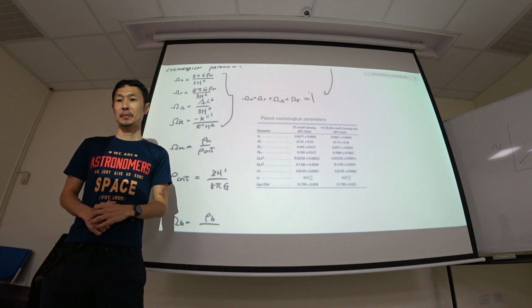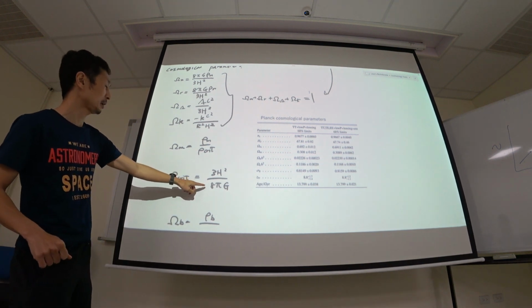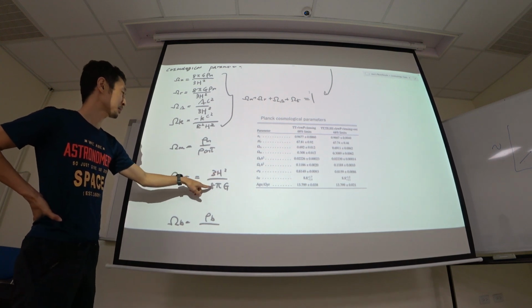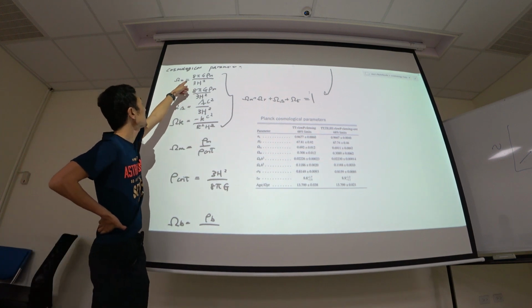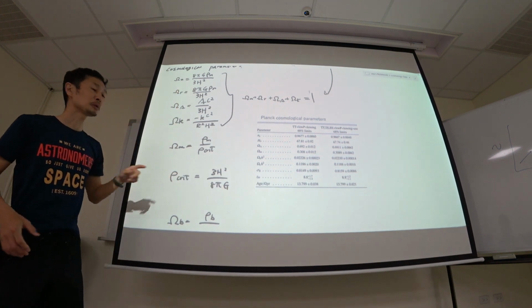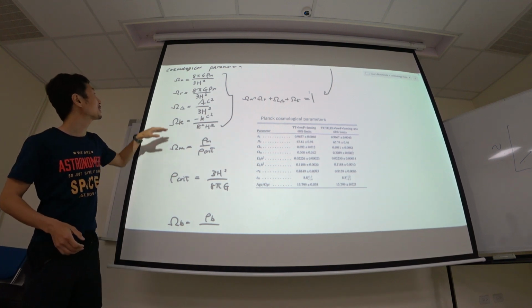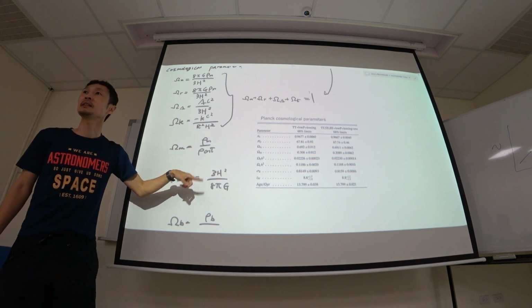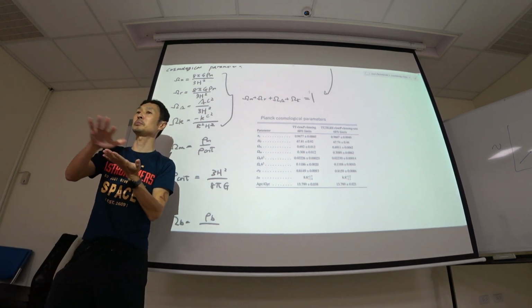Just so you know, this parameter, 3H0 squared over 8 pi G, was everywhere, right? It's here. This is called the critical density, and whether omega matter is larger or smaller than this actually decides the curvature of the universe.